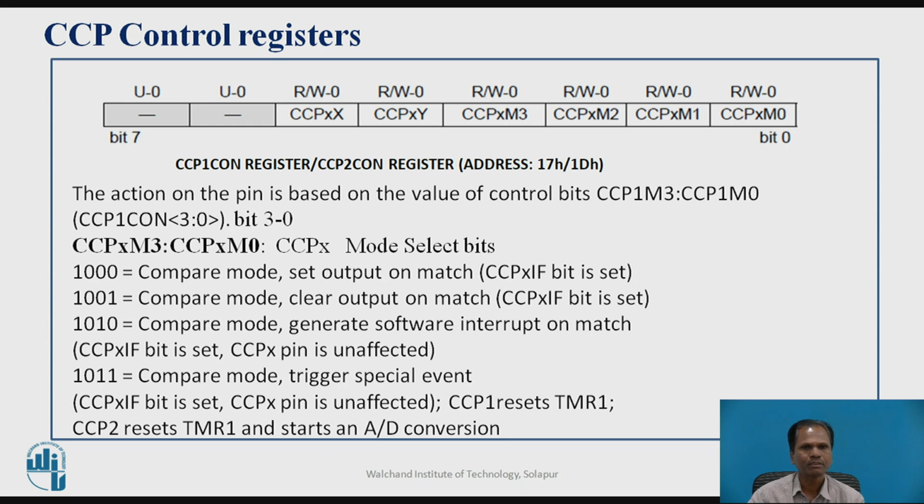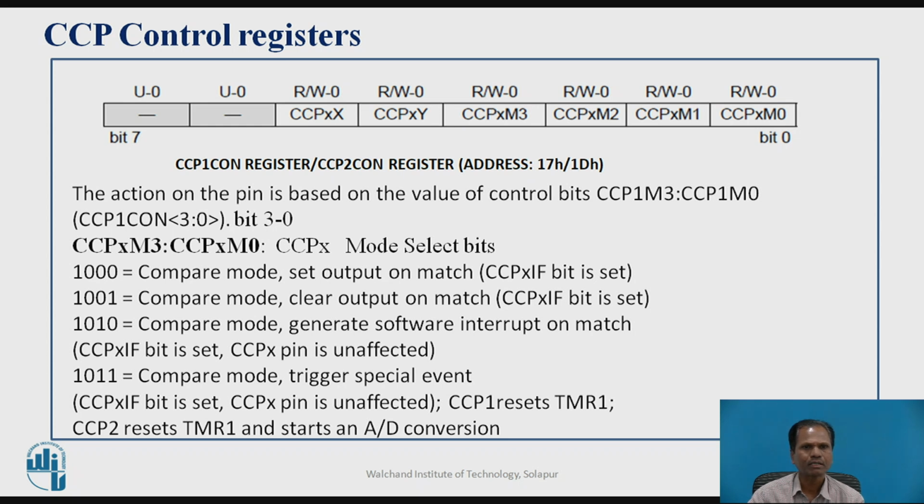For 1010, the status of the output pin of the CCP module will not change, only the interrupt is generated. Whenever a match occurs, the timer 1 value equals the CCPR1 register, the CCP1IF bit is set, and the CCP1 pin is unaffected whenever software interrupt mode is selected.